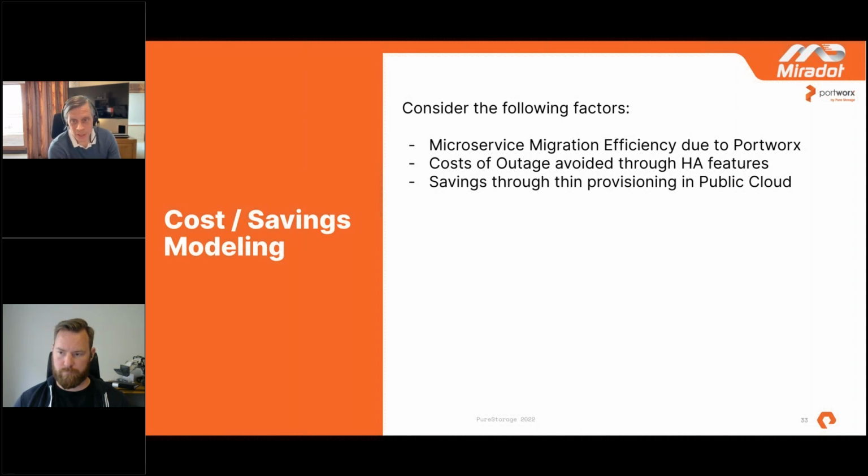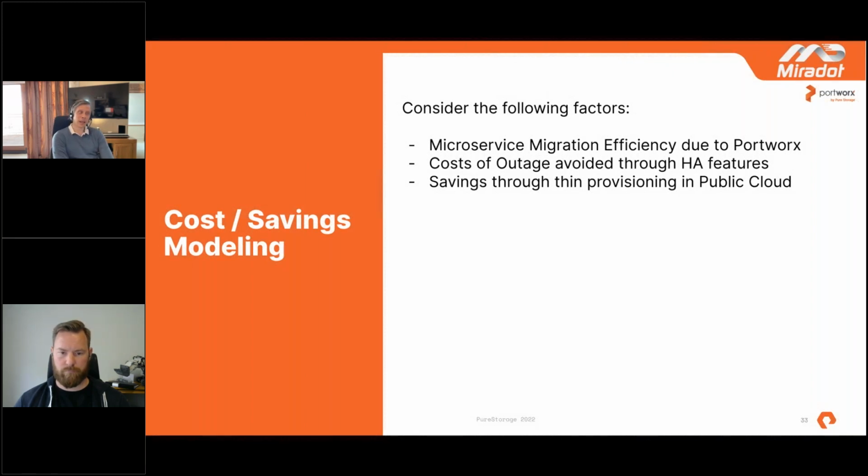So we've got the microservice management efficiency, so you don't have to solve certain problems that are involved in the running of containers if you're using persistence and Portworx is underlying there. So you can then move things in easier, that you need to do less architecting to get those in. You can also avoid cost outages through the high availability features. You might want to look at your old data as to how often those things happen.